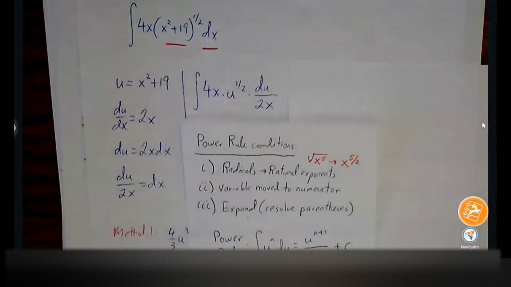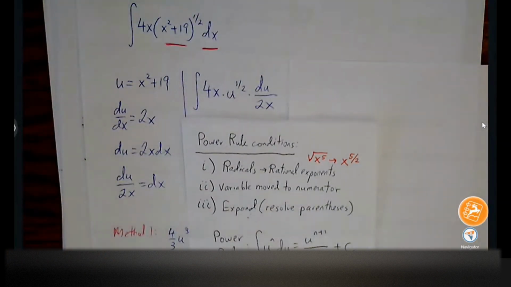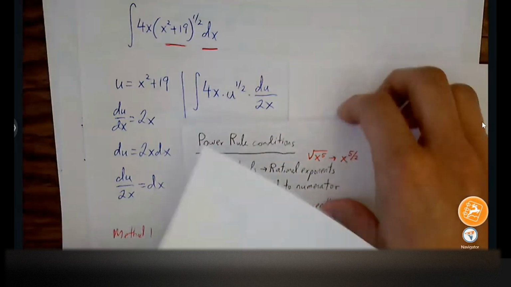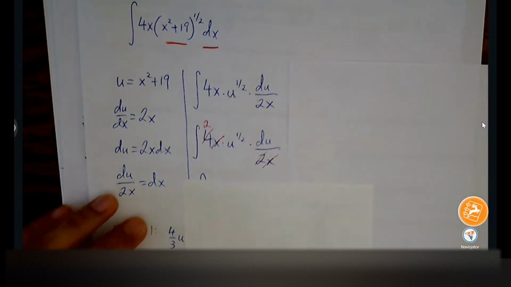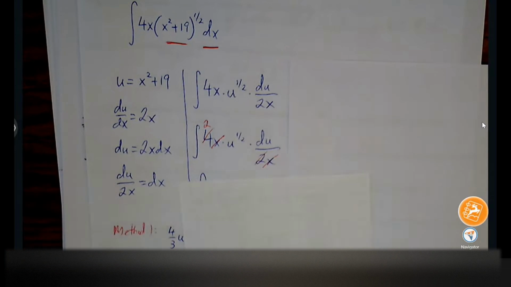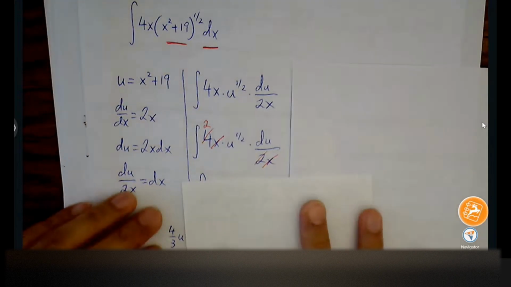Good. But the important thing is that the x's goes away, right? It's nice that the coefficients clean up, but that's not as important. As long as we keep track of it, we're good. But yes, x's goes away. That's key. And if the x's goes away, we can reduce the 4 and 2 as well.